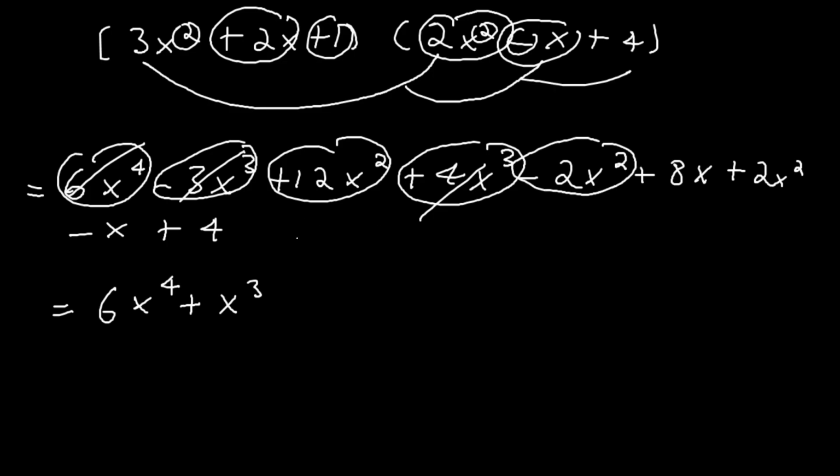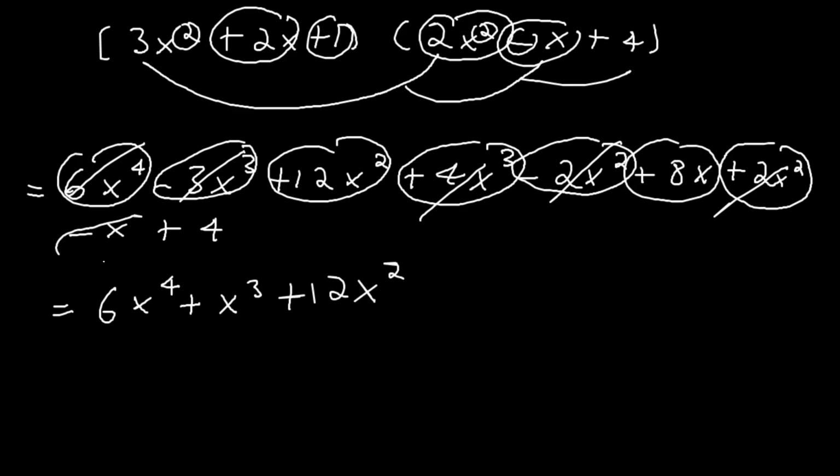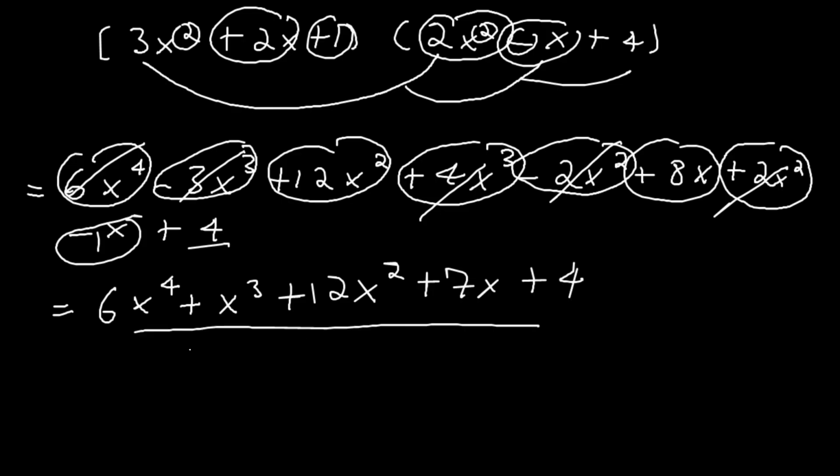So 12 minus 2, and we have another like term over here. So these two will cancel, and we'll simply have 12x to the second power. Now x and x, so that is 8 minus 1, which will be 7x. And simply rewrite this constant over here, and this should be your final answer.